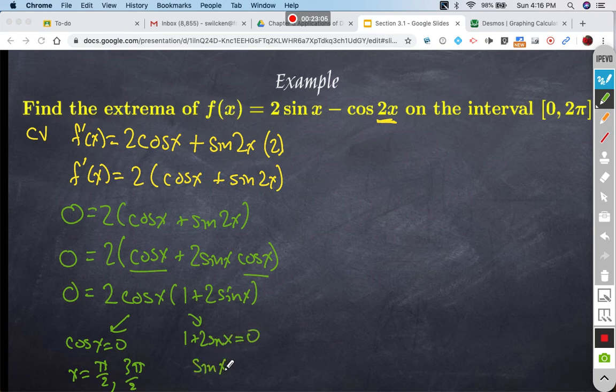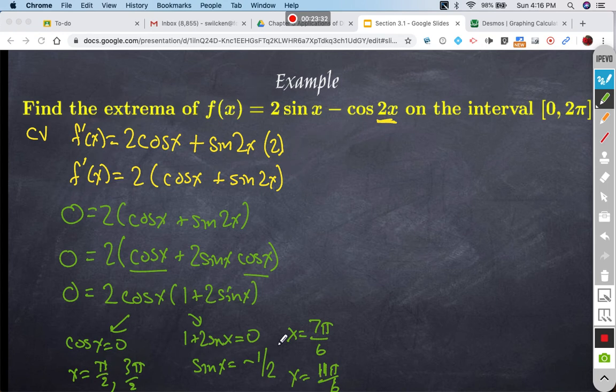So the sine of x has to equal a negative 1/2. So x is going to be 7 pi over 6 and 11 pi over 6. So remembering your trig facts or your unit circle or using that trig cheat sheet might be very much of a help when you're trying to do some of this stuff with trig.